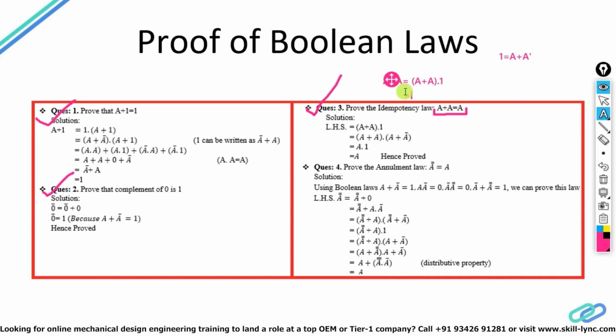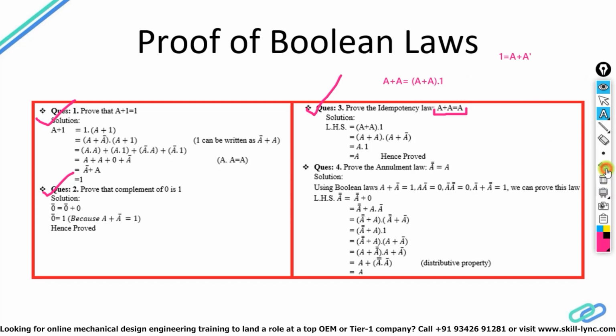So in an extended version, we can write it as A plus A into A plus A bar. Now A plus A is A only, so it is equal to A into A plus A bar. Now A plus A bar is 1, so it is equal to A. In such a manner, we have proved that A plus A equal to A.